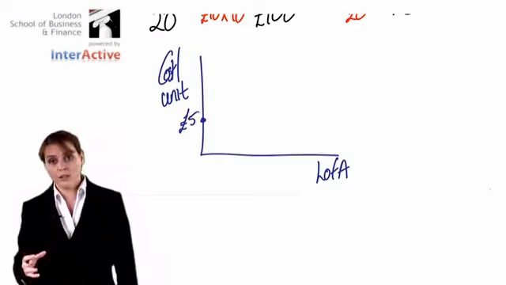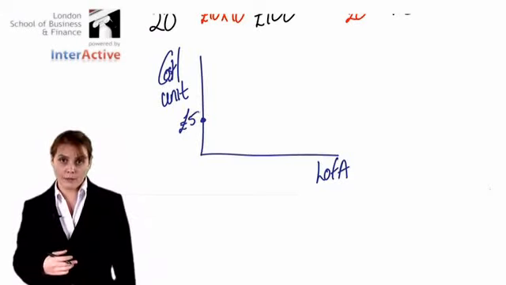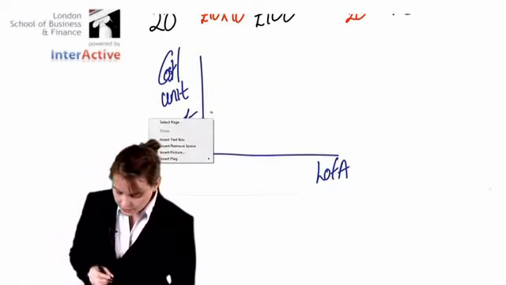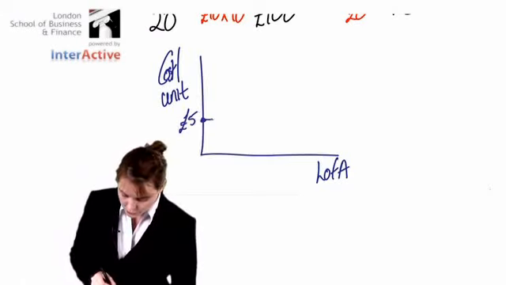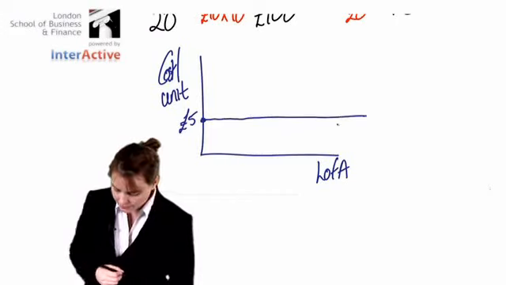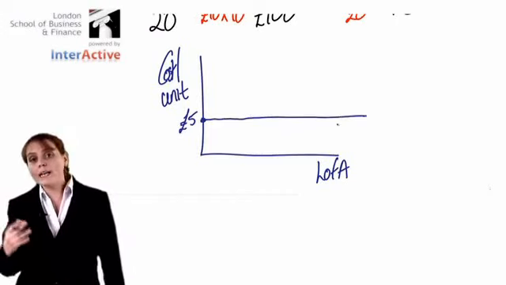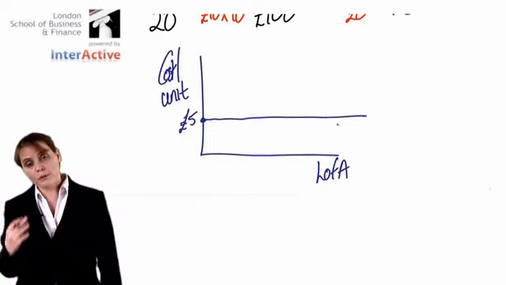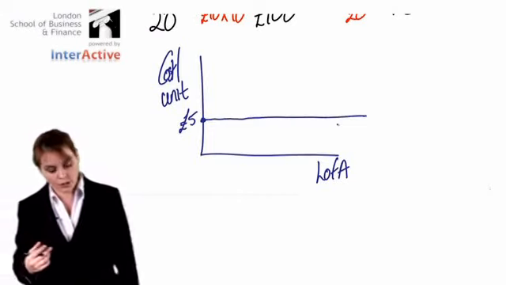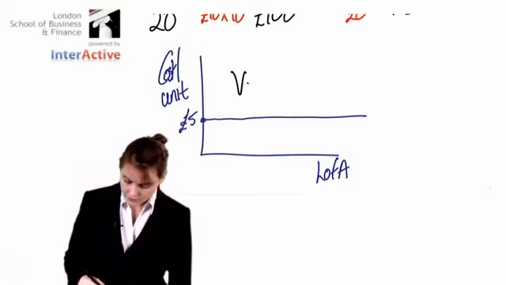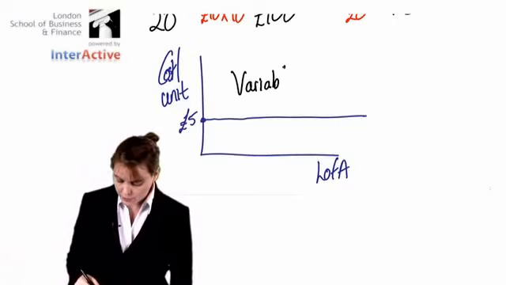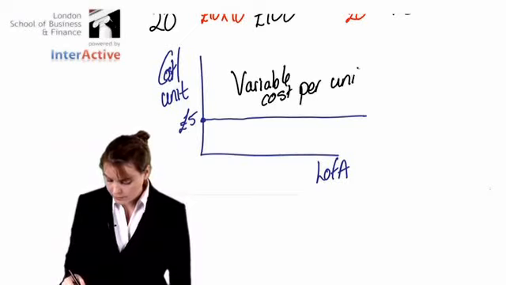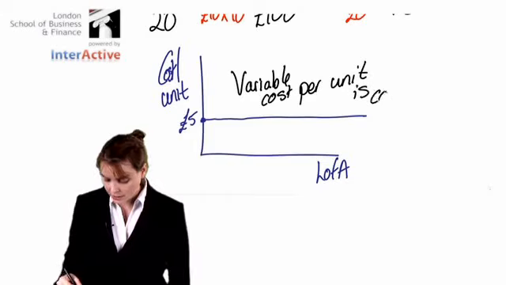It's theoretical because we're not actually spending that money. As our level of activity increases, the variable cost per unit will stay the same. So it'll always cost us an extra £5 to produce an additional unit. So this is our variable cost per unit, which is constant.